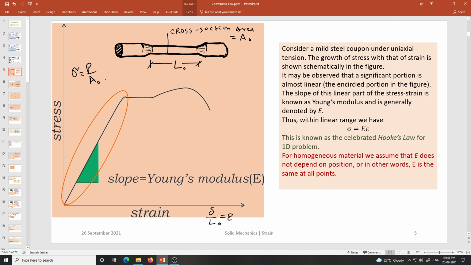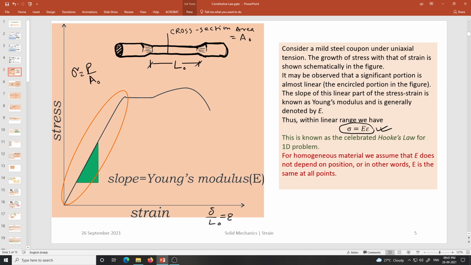So if we stick to the first part, we see that it shows a linear relationship, which is valid up to point 1. That means the highlighted part. The slope is known as the Young's modulus, and stress is expressed in terms of the Young's modulus and the strain by this relationship, sigma equals E times epsilon, which is the simplified version of the celebrated Hooke's law.